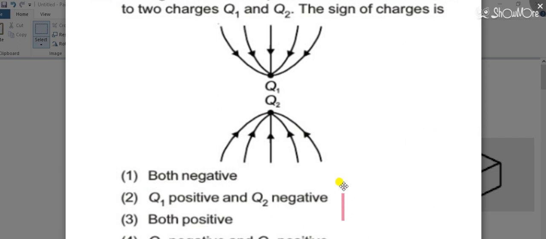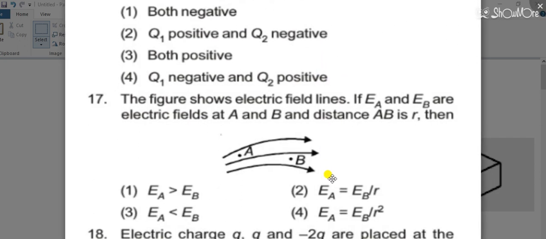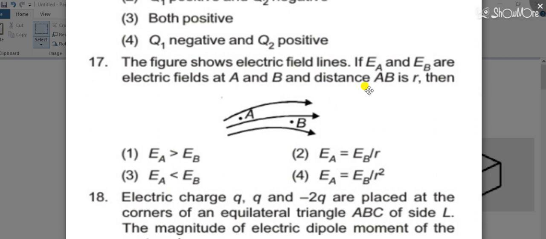Moving to the next question so that we can finish the video within a few minutes. Here the electric field lines are given. If EA and EB are the fields at a distance AB, students, you can see the electric field lines are closer here, and the distance between them is increasing with respect to this position.